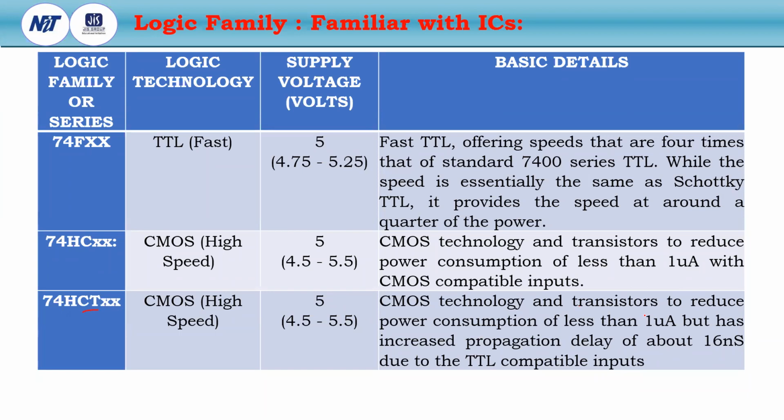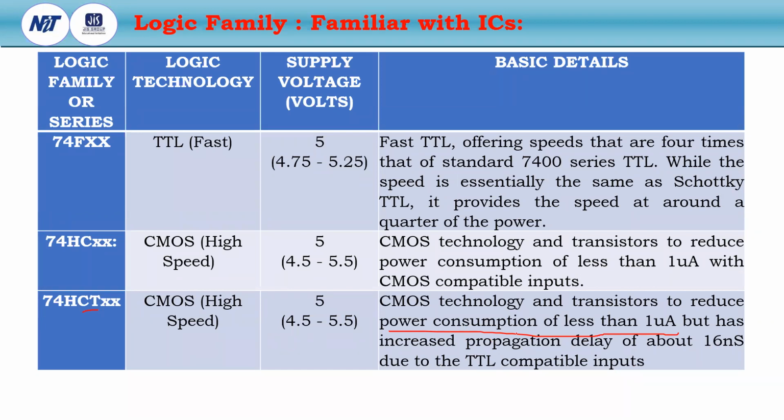CMOS technology and the transistors are used to reduce the power consumption to less than 1 microampere current, but has increased the propagation delay to about 16 nanosecond due to the TTL compatible inputs.